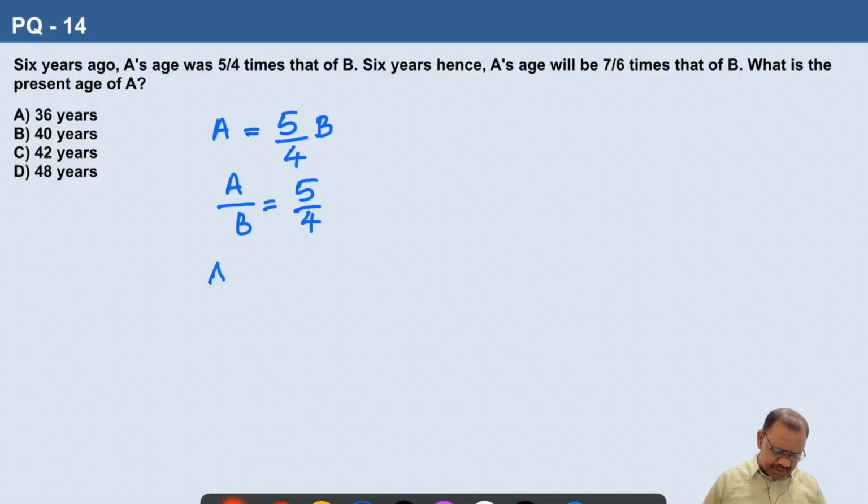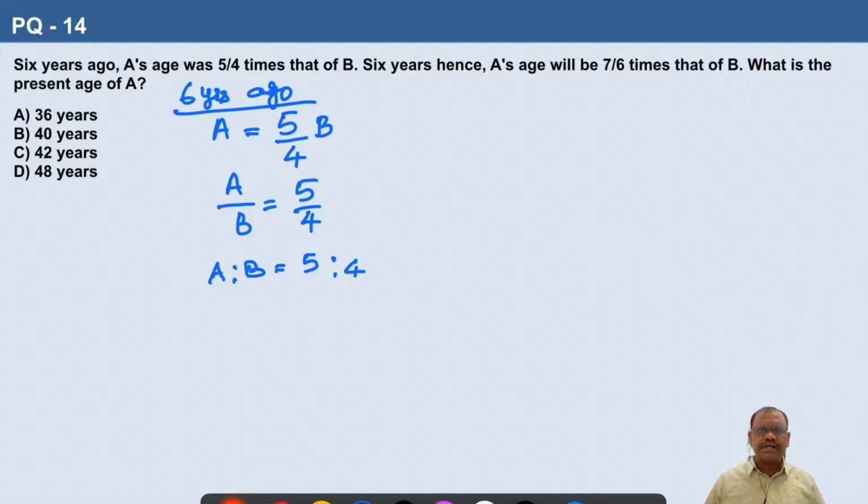That means A is to B is equal to 5 is to 4. So this is all 6 years ago. So the ratio of ages is 5 is to 4.